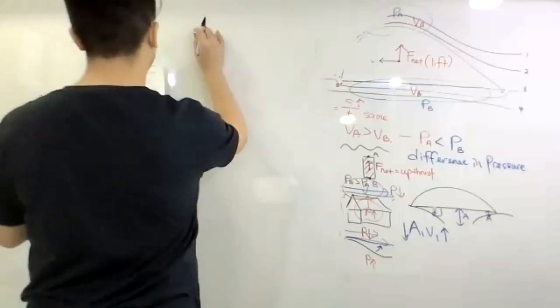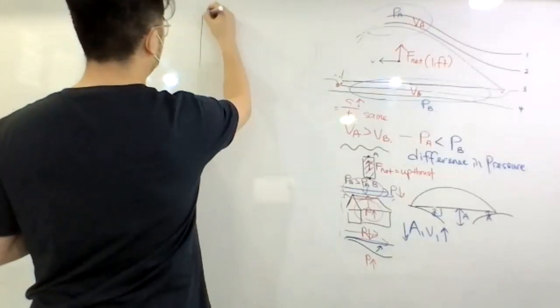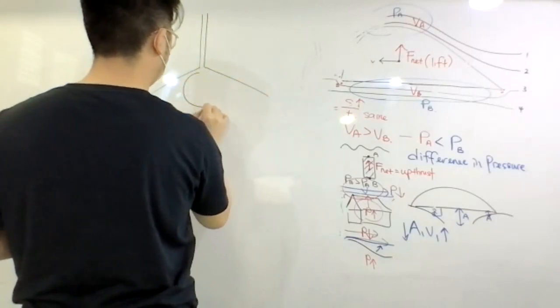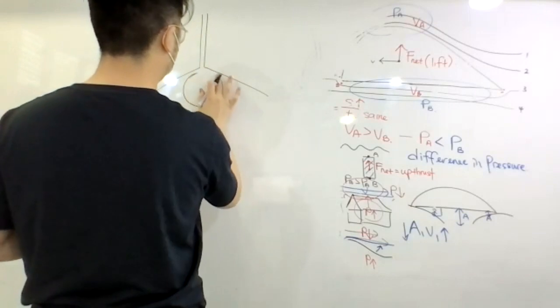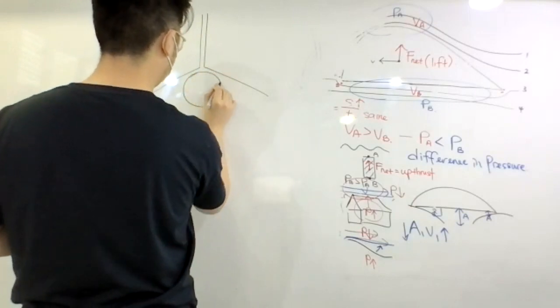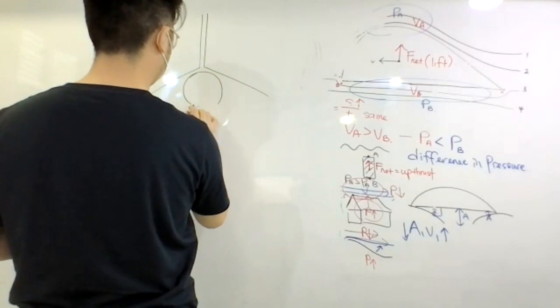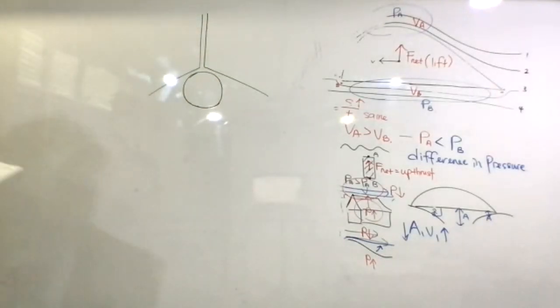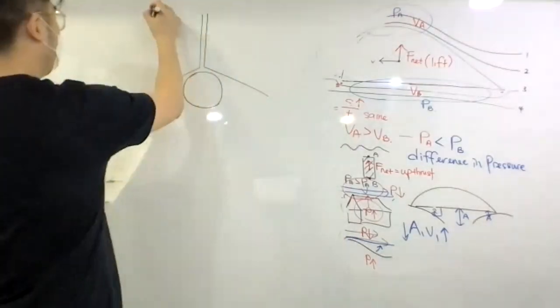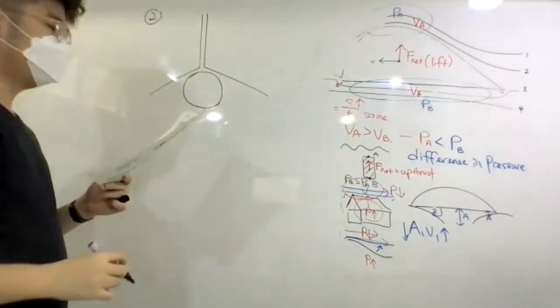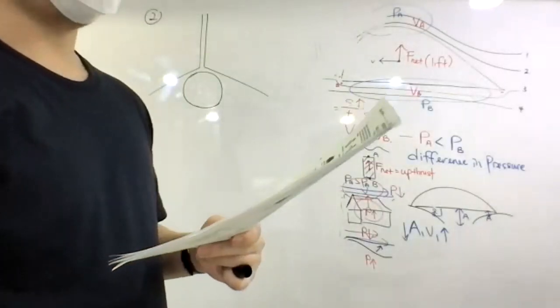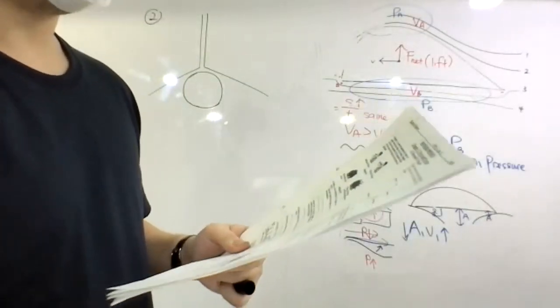Okay, for question 2A, figure 5 shows a ping pong ball that does not fall when water flows through the filter funnel.